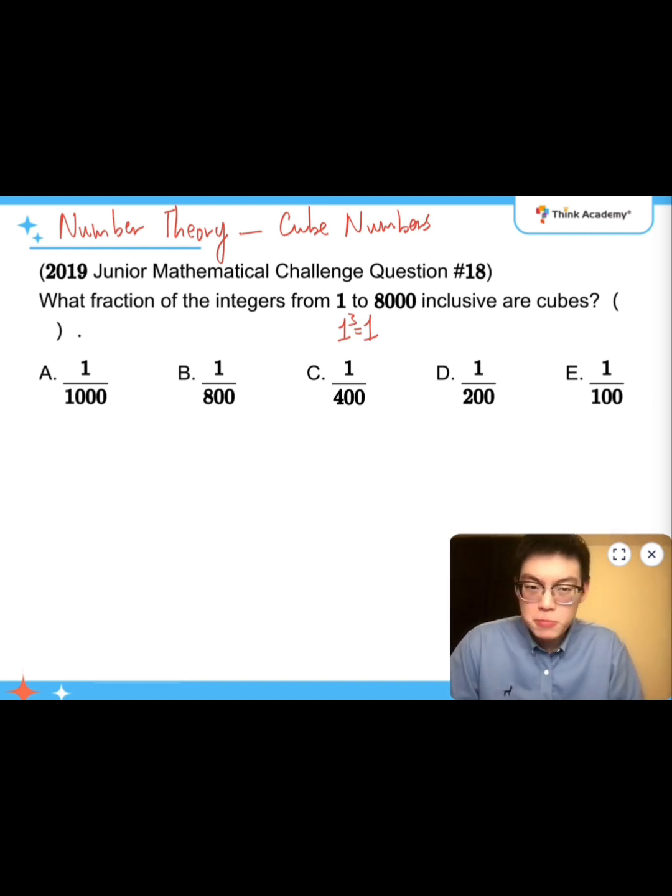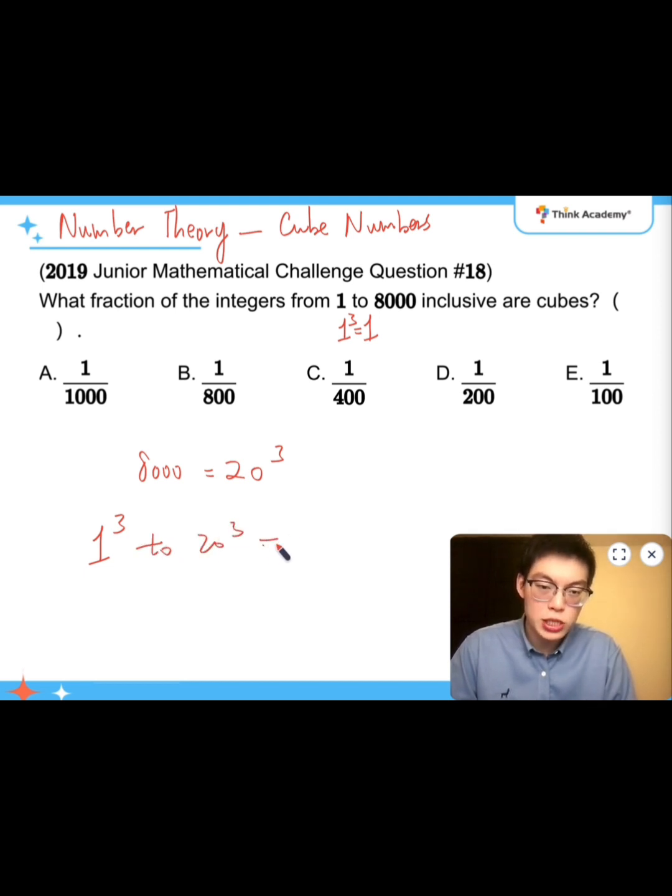The number 8,000 itself looks pretty suspicious because it's actually 20 cubed. 20 times 20 times 20 is 8,000. So from 1 to 8,000, I have 1 cubed to 20 cubed, which is 20 cube numbers altogether.